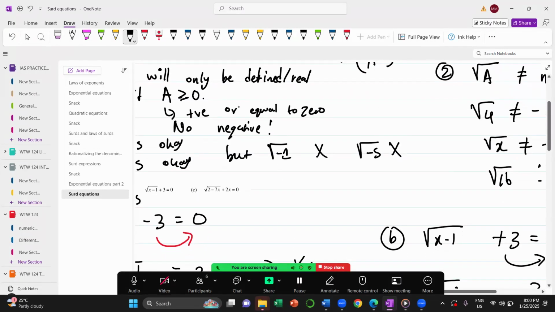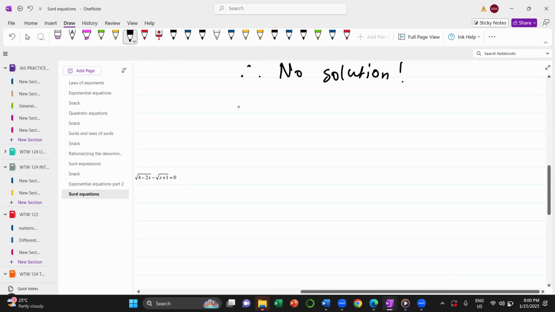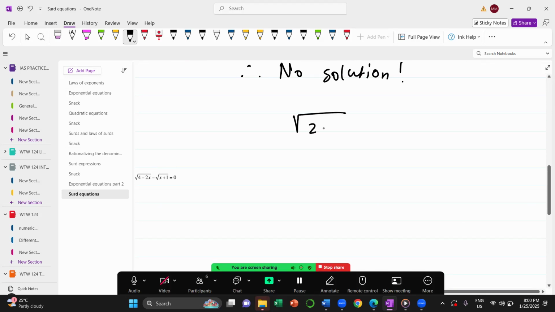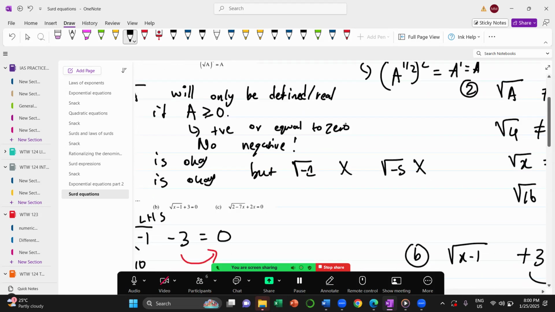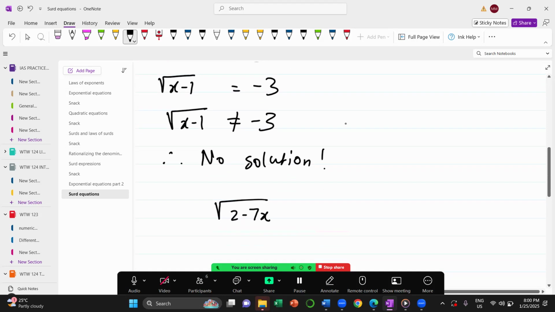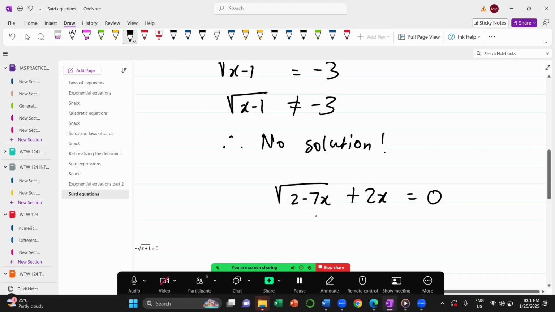It's square root of 2 minus 7x plus 2x equal to 0. I must solve for x, right, guys? So do you allow me to say I'm going to take this 2x to the other side? Yes, sir. So I'm going to have square root of 2 minus 7x equal to negative 2x.